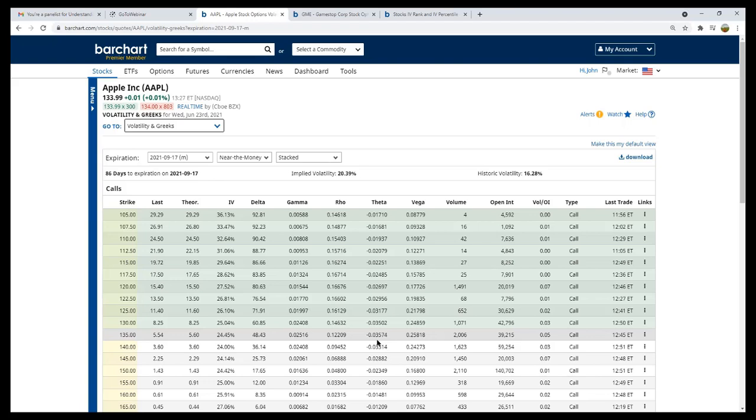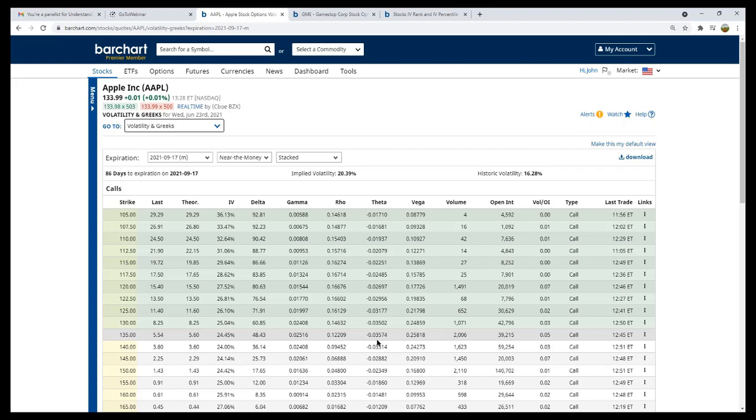At the end of the day, you can look at your theta decay and see if your option decayed greater than or less than what you anticipate. And then looking at what the stock price did that day, see if you can try to figure out which other Greek maybe influenced the price of your options.